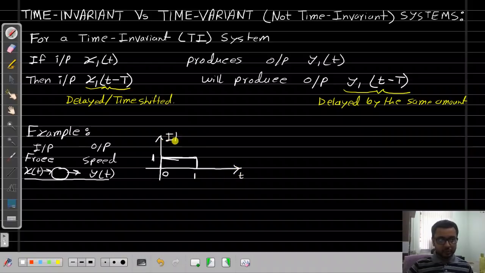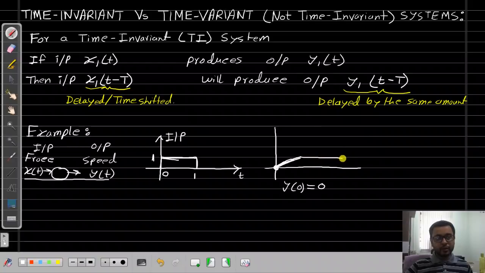This is input. Then the output will look like this. It will start from some initial velocity and we shall assume initial velocity to be equal to 0, that is initially relaxed system, and then speed will increase like a straight line and then will become constant.